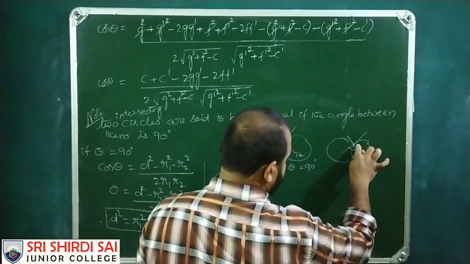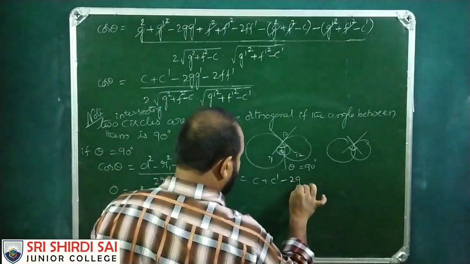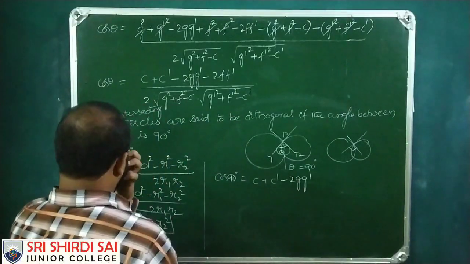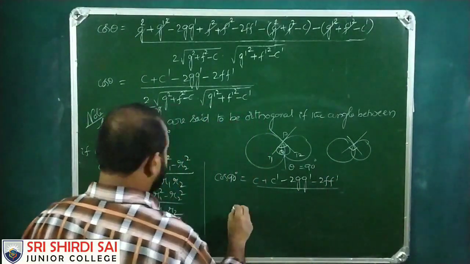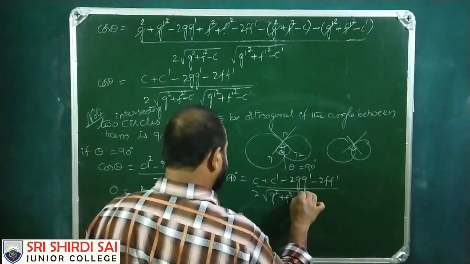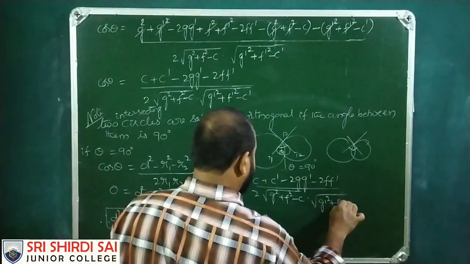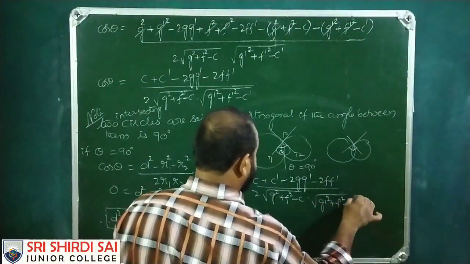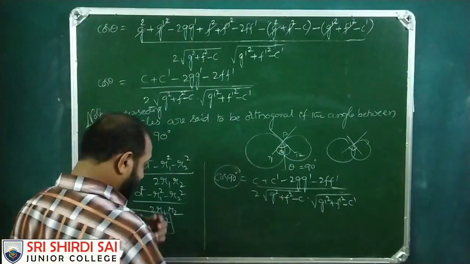So c plus c dash minus 2gg dash minus 2ff dash by 2 root of g square plus f square minus c into square root of g dash square plus f dash square minus c dash. Cos 90 value is 0, and 0 into something is 0.